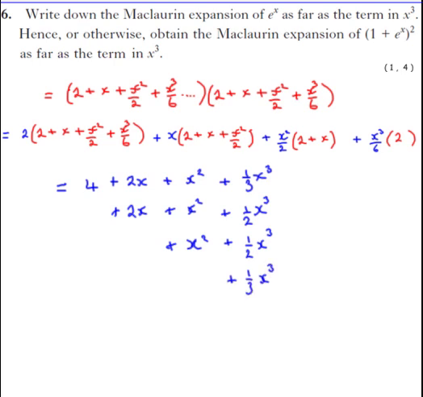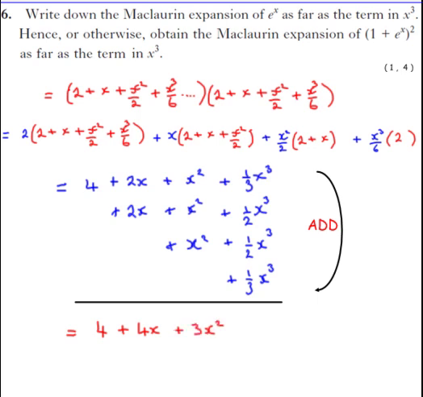So we're going to add all of these up, and that will give us the required expansion. Four is just on its own, so we start off with 4. Then we've got 2x plus 2x, it's 4x, x squared plus x squared plus x squared, 3x squared.